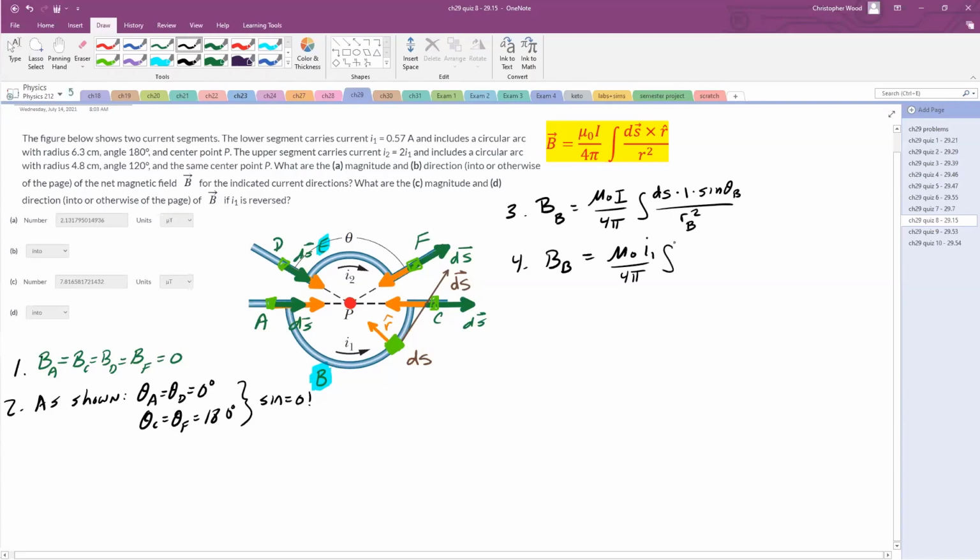The integral, so if I look at the integrand, my numerator becomes ds. My denominator is r subscript b squared.